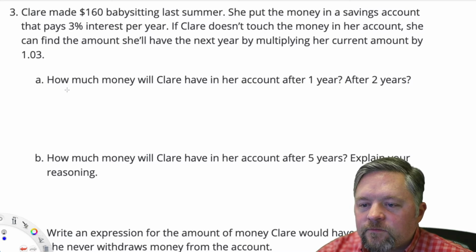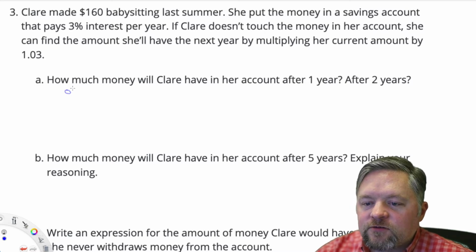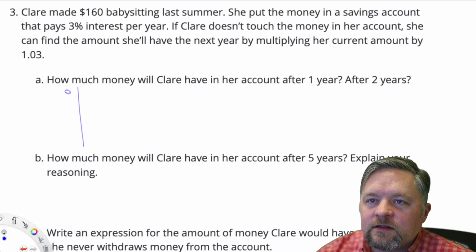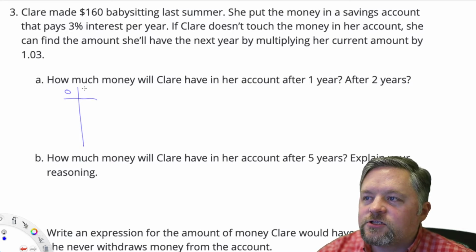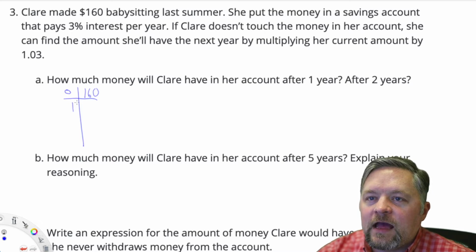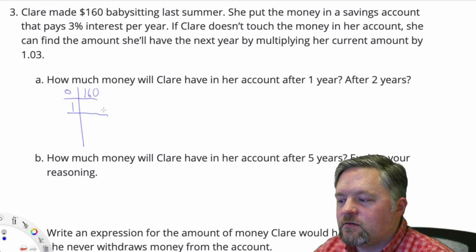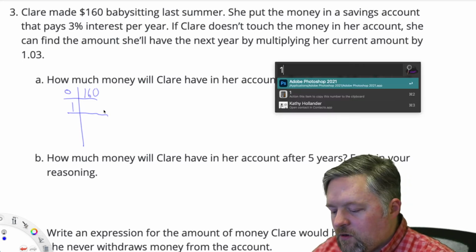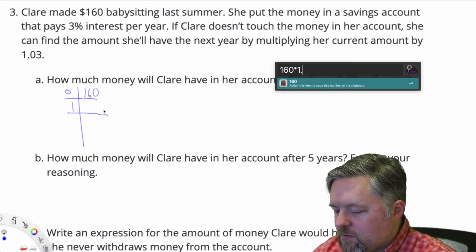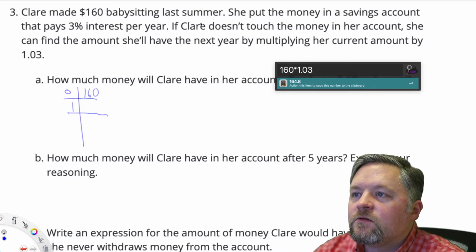So, after 0 years at the beginning, let me make a nice little table. 0 years, she starts out with 160. After 1 year, she has 160 times 1.03, 164.8.